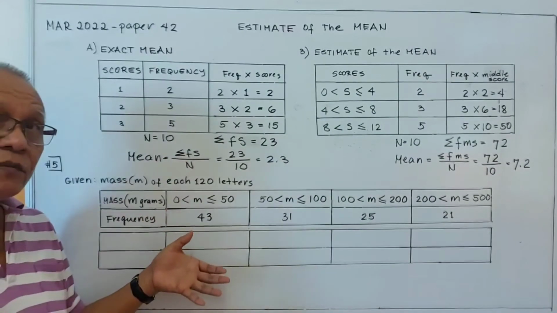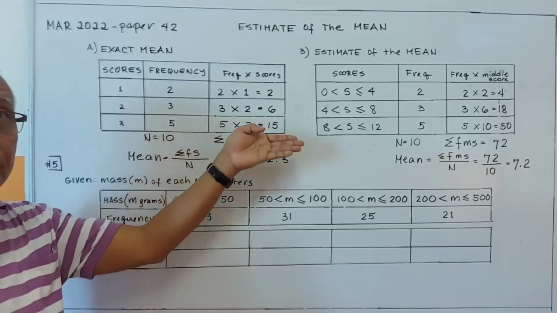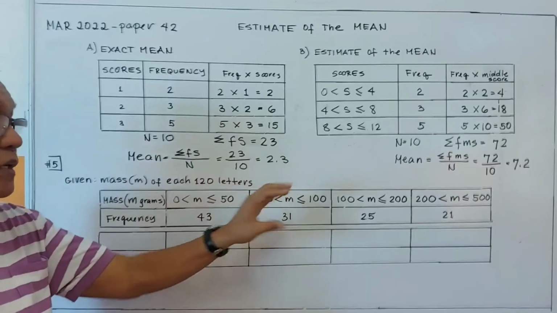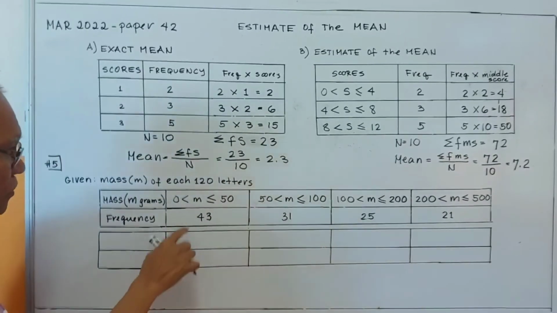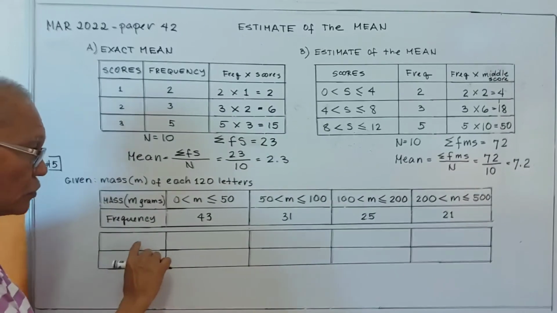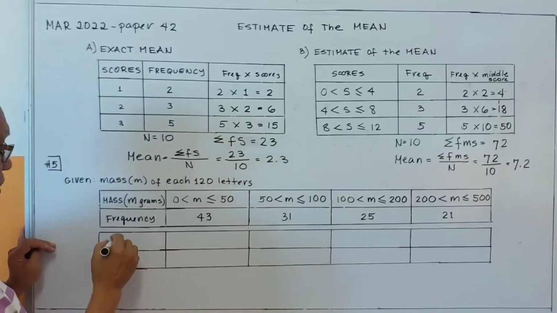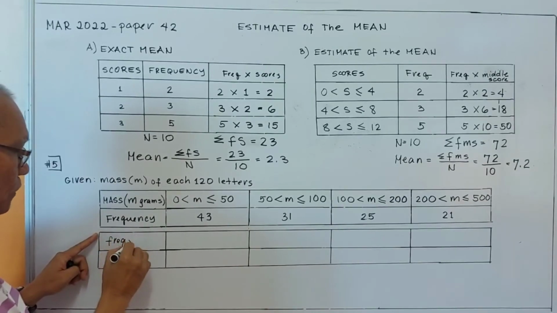The frequency distribution table may not be arranged in a vertical form like this. It can be arranged in a horizontal form. If that one is the horizontal form, do not be confused. You can add another row here, where you just multiply the frequency and the middle score of the grams.